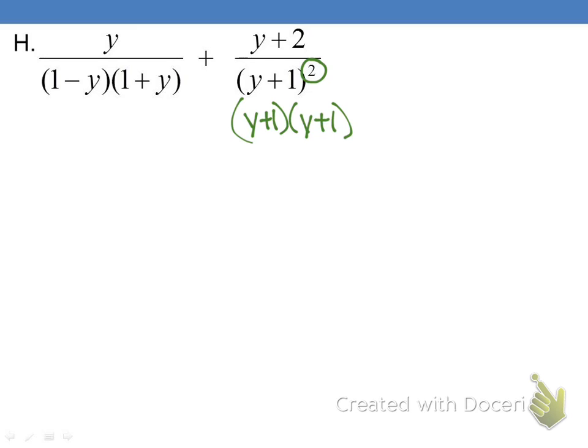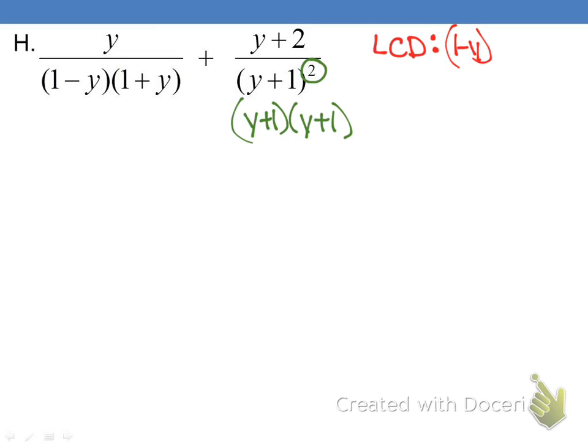So, what's my LCD going to be? 1 minus y, 1 plus y, 1 plus y.